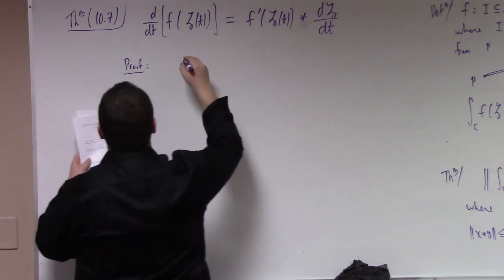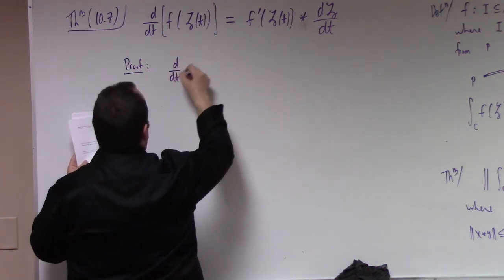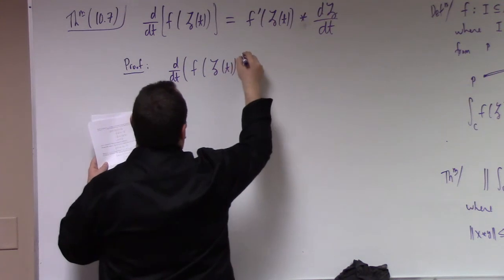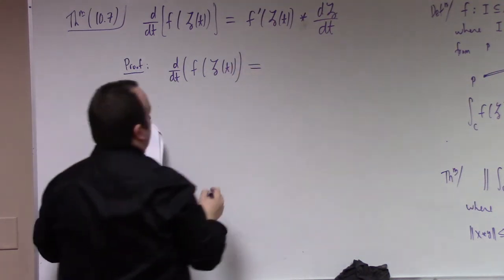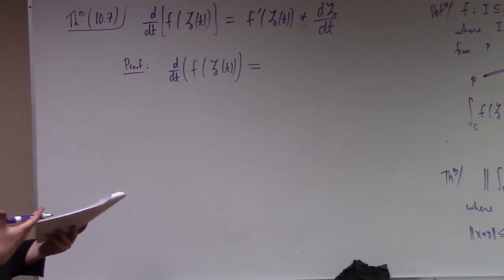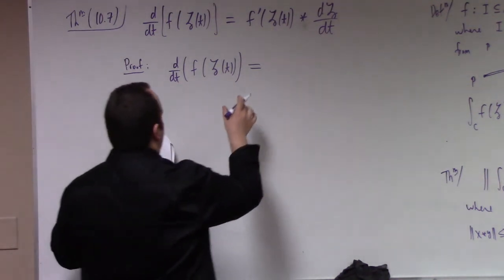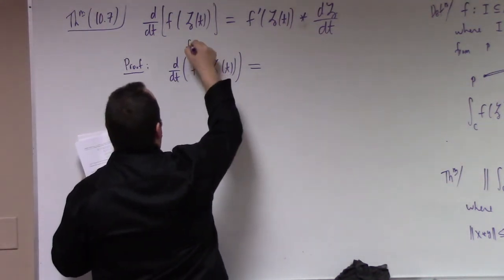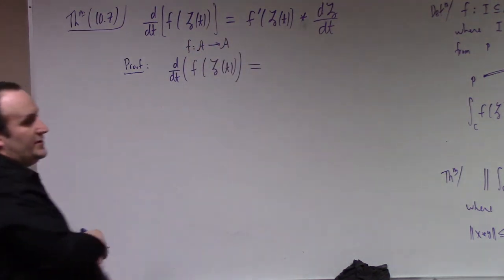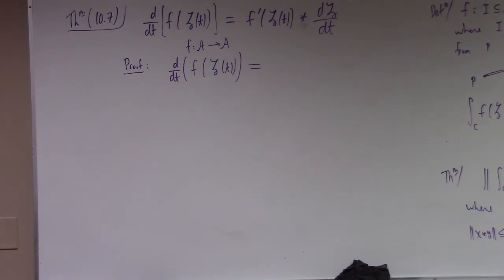So d dt of f of zeta of t, right? By the ordinary garden variety chain rule of multivariate calculus, f is a function from A to A, so you can think of A having Cartesian variables, normed linear space variables, x1 through xn.